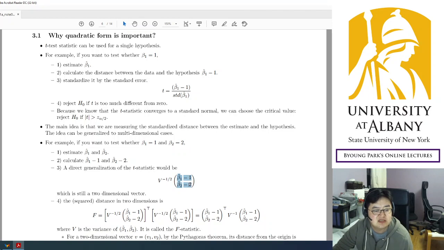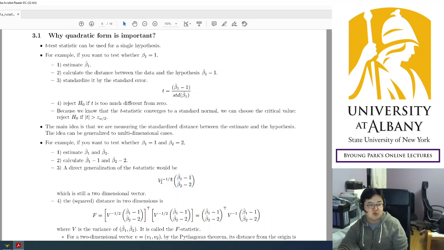This is the difference between your hypothesis and your data. The smaller the difference is, the more likely your hypothesis is to be true. And we standardize it.